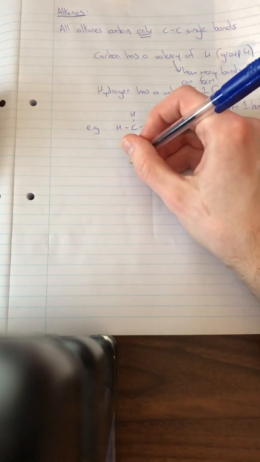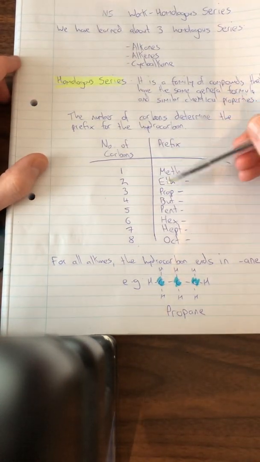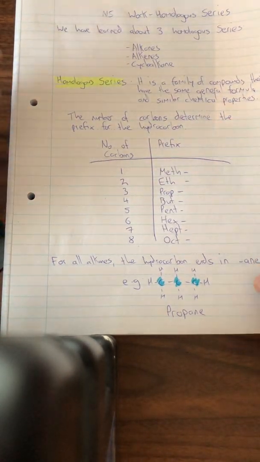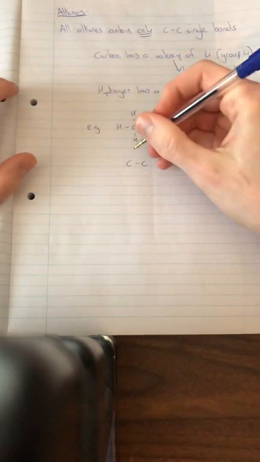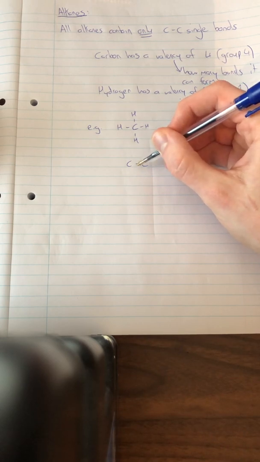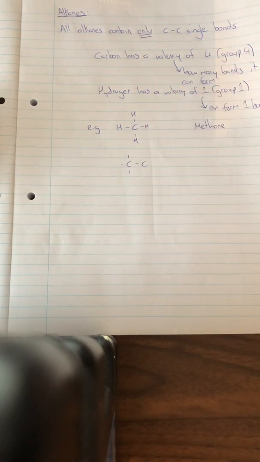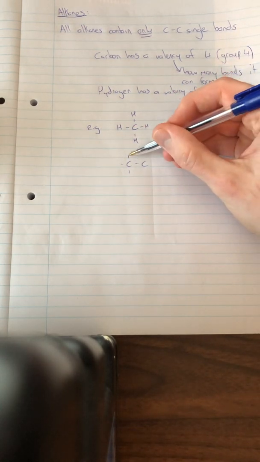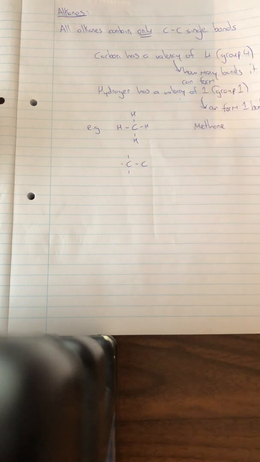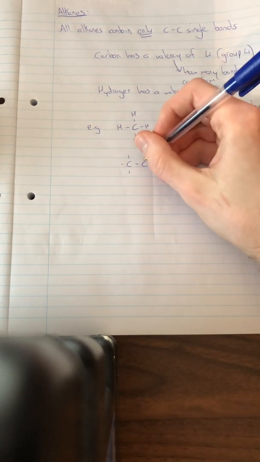If we go on to the next one with 2 carbons, and again if we go back to our table, the prefix for 2 is eth. So we've got 2 carbons. Now, that carbon here already has 1 bond coming out of it, so that means another 1, 2, 3 bonds can get attached to it. So it's now got 1, 2, 3, 4. The same goes with this carbon here.